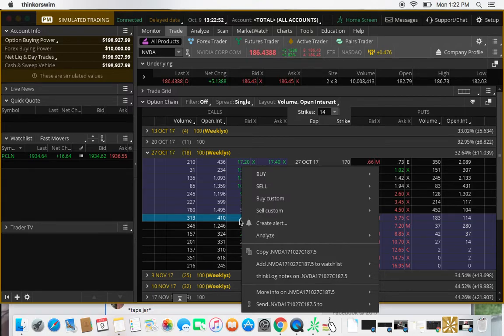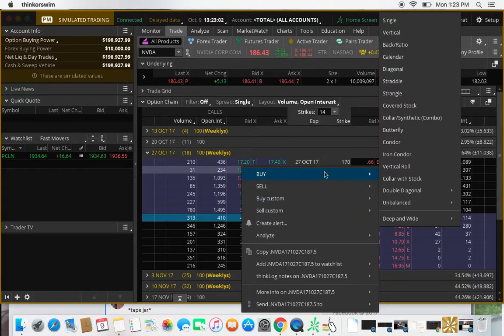There you go. And then now you see that you have a menu that says buy and sell. That's how we can do a spread. So go ahead and go over to buy. And when you're under buy, go ahead and pick covered stock. Covered stock. Okay.